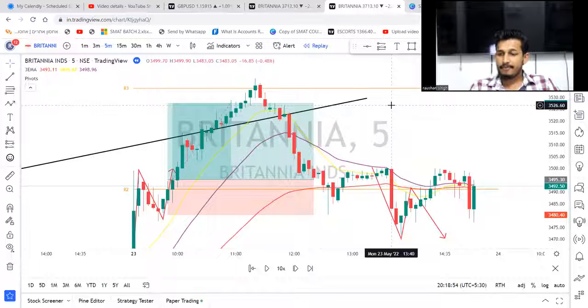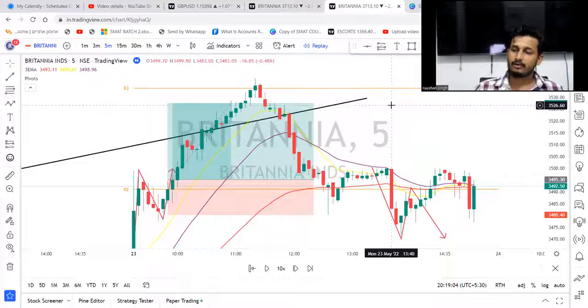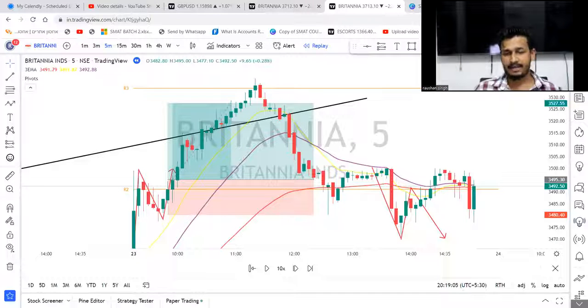But once I have booked my profit, I prefer closing my laptop, because if I'm seeing it, I might feel like going for another trade. That used to happen. Right now, once I'm done with the trade, I don't even use the laptop, because there are many other things, like replying to your queries.